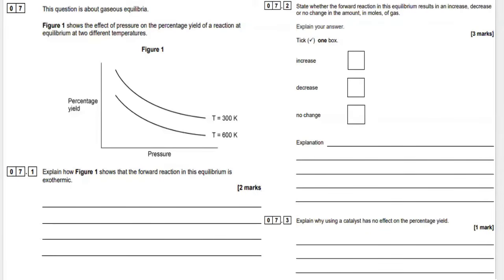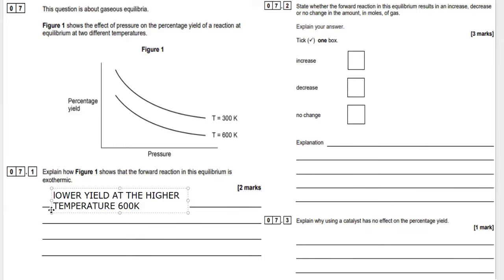And let's have a look at the questions. 7.1, explain how figure 1 shows the forward reaction in this equilibrium is exothermic. Well, it's pretty easy to see here. We get a lower yield at a higher temperature. So lower yield at the higher temperature, and that was the 600 Kelvin.